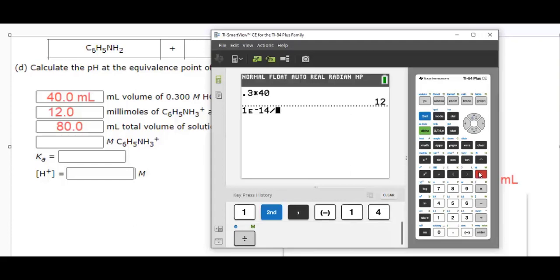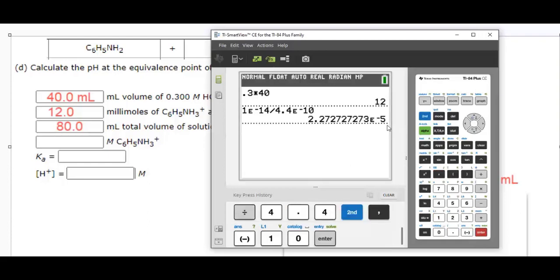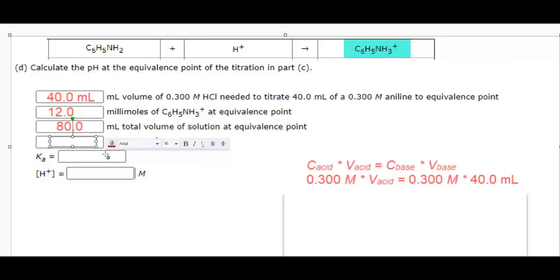We've done that quite a few other times, and the Kb was 4.4 times 10 to the negative 10, a real weak base. And now we have the Ka of the acid: 2.27 times 10 to the negative 5, rounded off. Ka doesn't have a unit. This is an extremely weak base and makes a slightly stronger conjugate acid. So we now know our Ka.